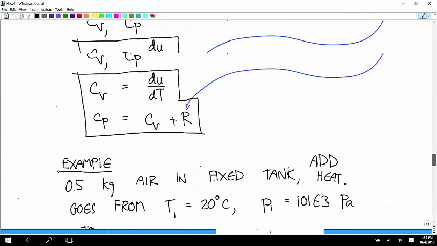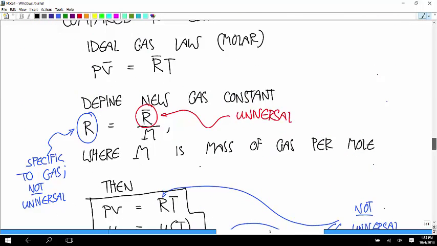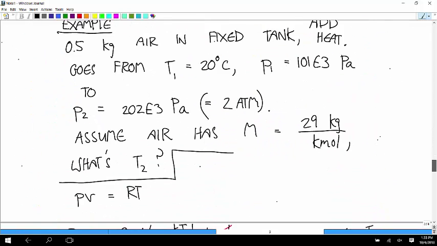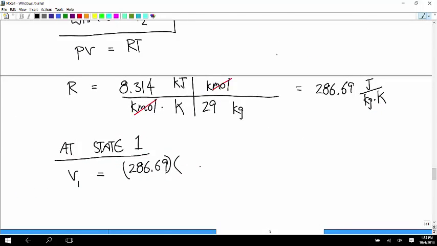In this equation, I didn't stress this when I gave it, but these temperatures have to be absolute temperatures. We're not talking about a difference in temperature, so this has to be in Kelvin or Rankine. So what's 20 degrees Celsius in Kelvin? 293, yep.